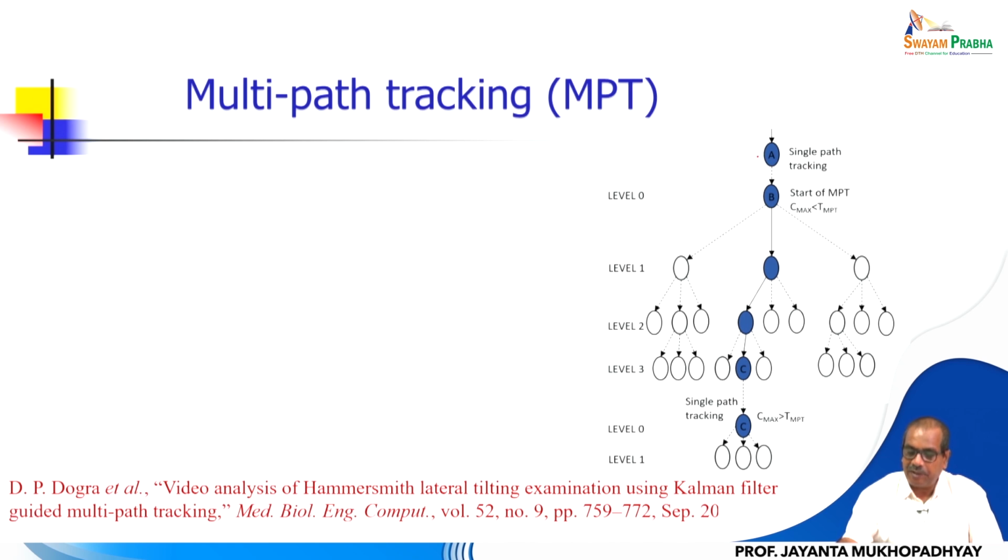At certain points, these are all single path tracking. That means when you have very strong evidence, you select just that candidate.